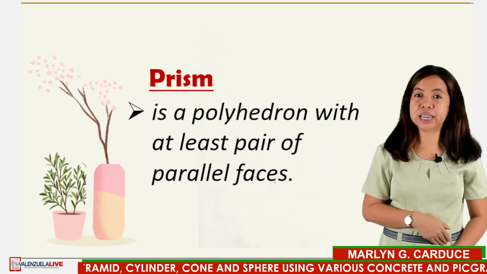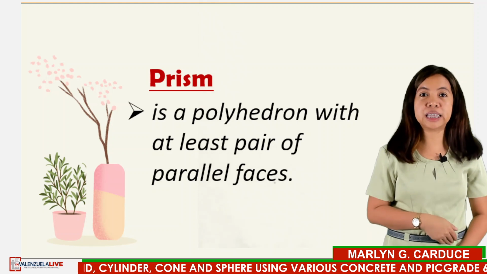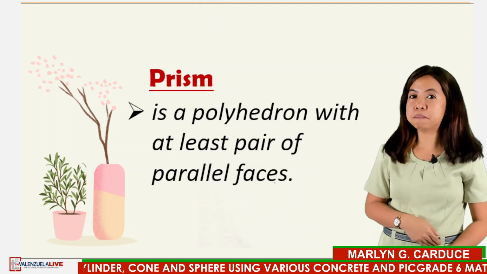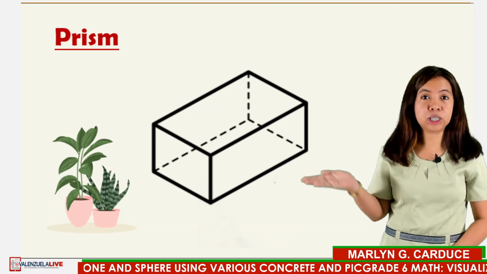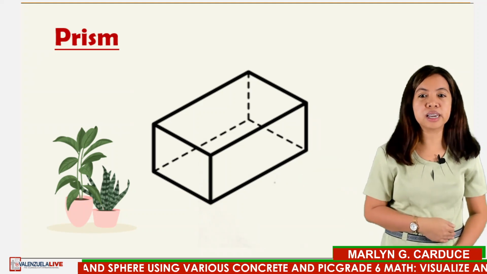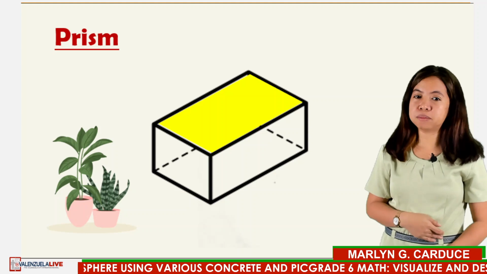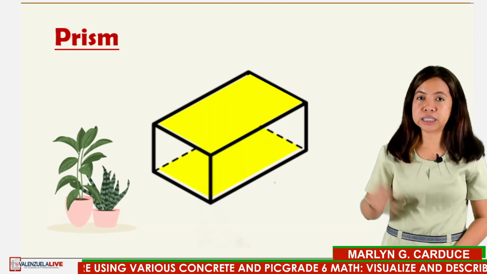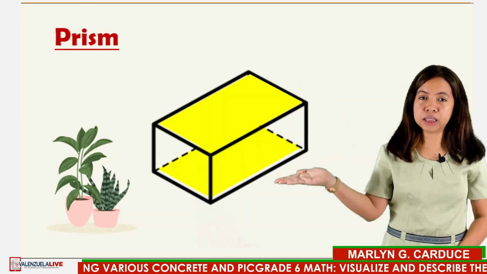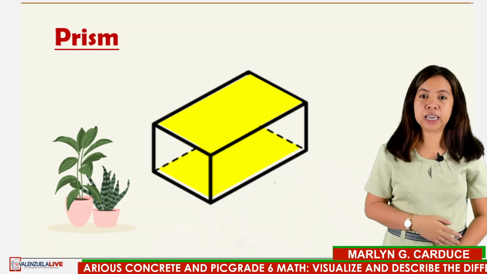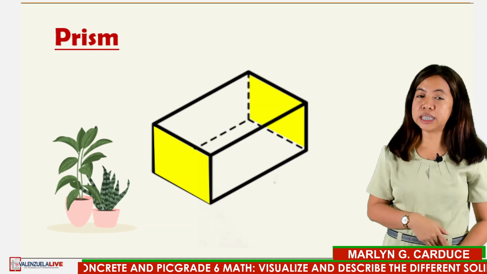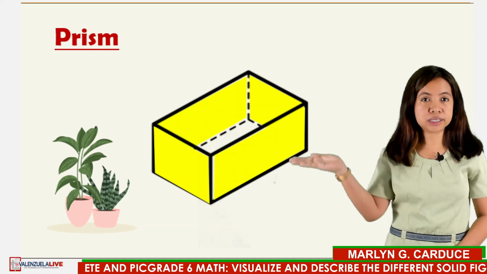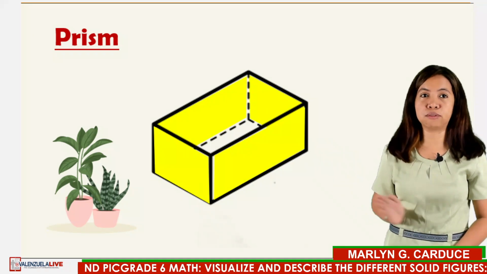A prism is a polyhedron with at least a pair of parallel faces. This is an example of a prism. The parallel faces of the prism are the bases, the top and the bottom faces. And the other faces are the lateral faces or the side faces of the solid figure.